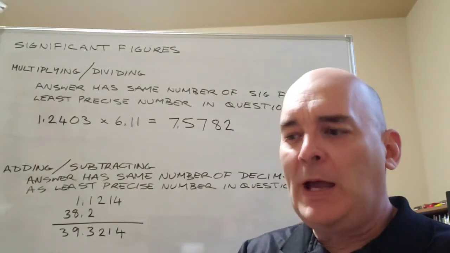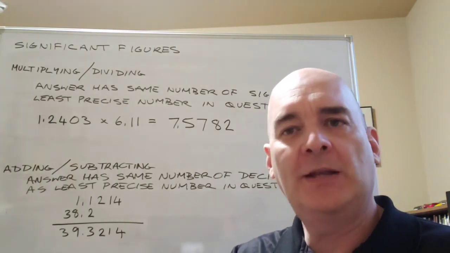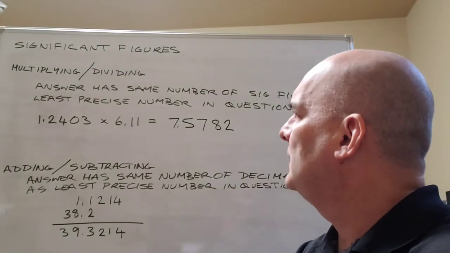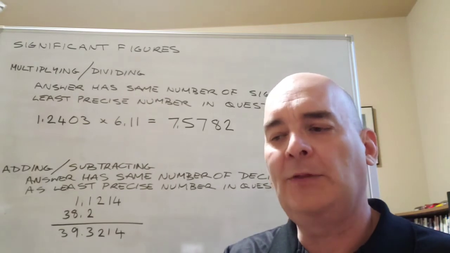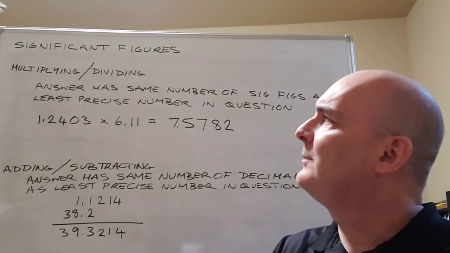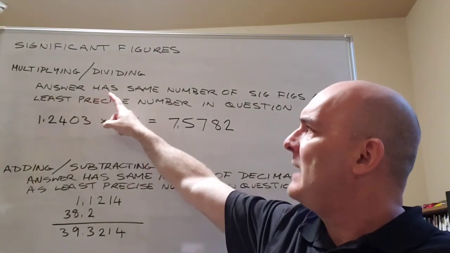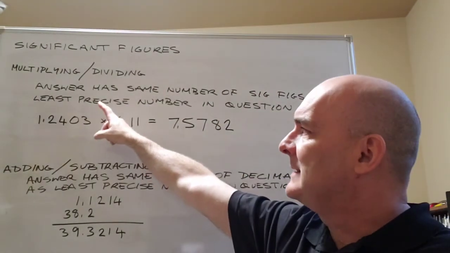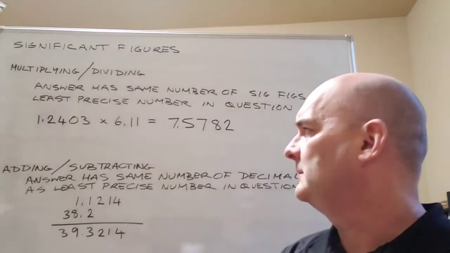Okay, so how we use numbers in a calculation depends on what kind of calculation that is. Significant figures have 2 different rules. One is for multiplying or dividing, and the other one is for adding or subtracting. In the case of multiplying or dividing, our answer is allowed to have the same precision, the same number of significant figures, as the least precise number that was used in the question.